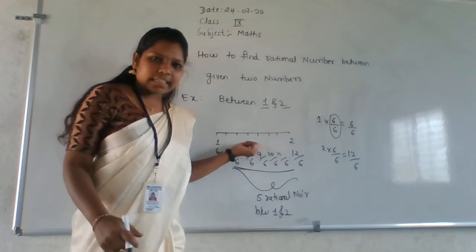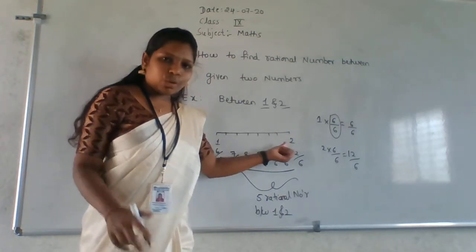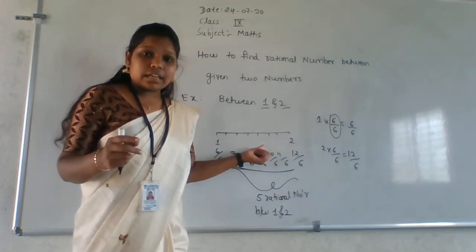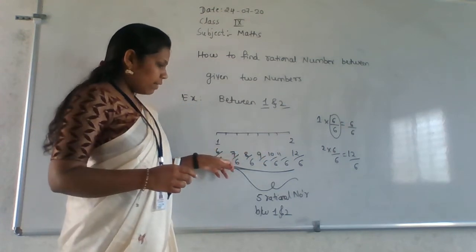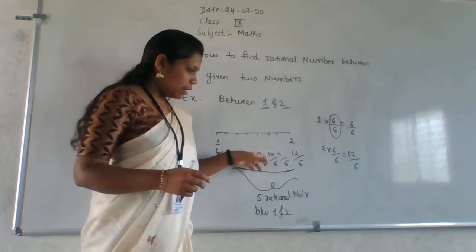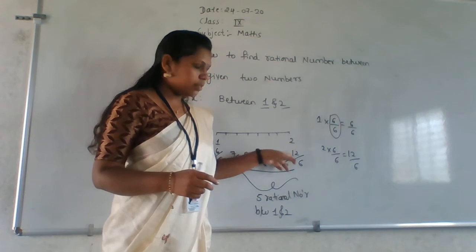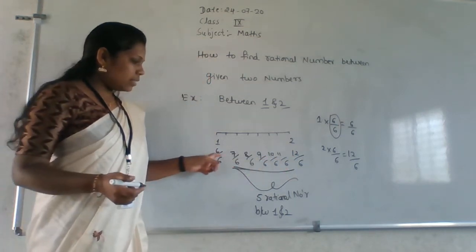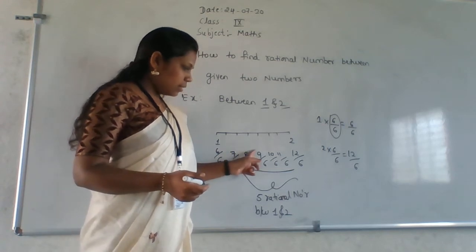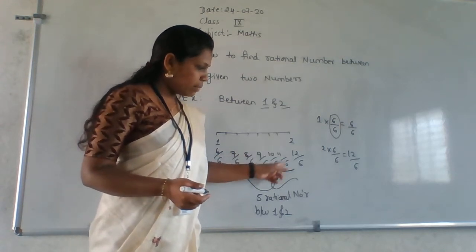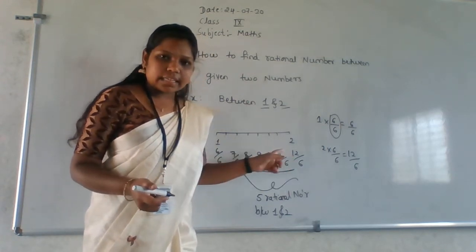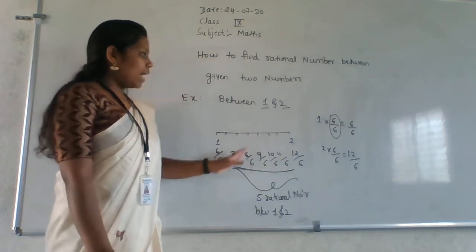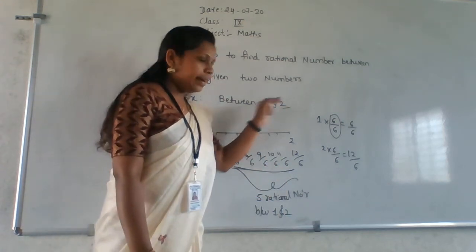How many lines are there between 1 and 2? 10. So here we have 7 by 6, 8 by 6, 9 by 6, 10 by 6, 11 by 6, and this is 12 by 6. Getting my point? 6 by 6, 7 by 6, 8 by 6, 9 by 6, 10 by 6, 11 by 6, 12 by 6. Like this you have to find the rational numbers between 1 and 2.